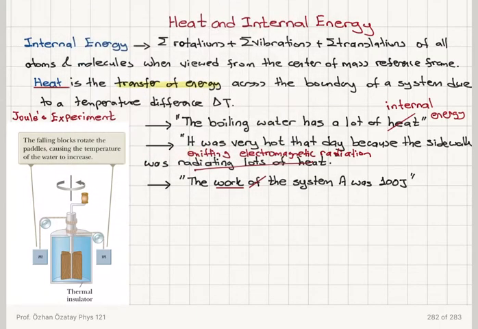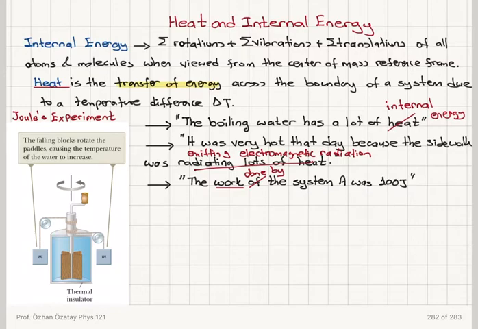Basically, we can say the work done by the system A was 100 joules. So the system A is doing work on the environment or on another system, and the total work done by system A was 100 joules.